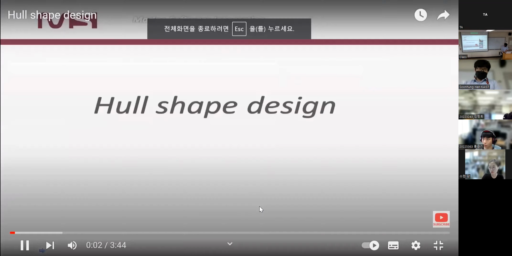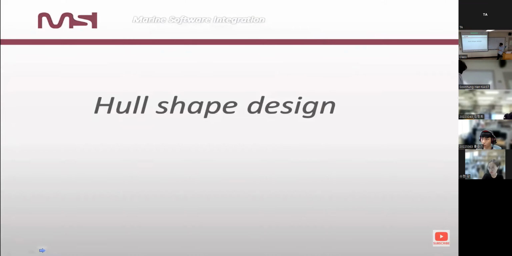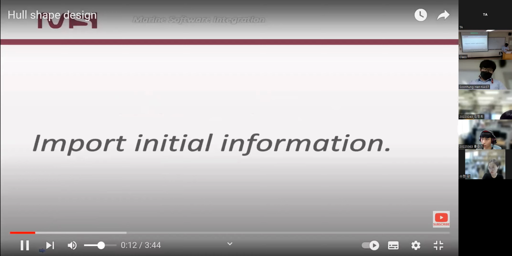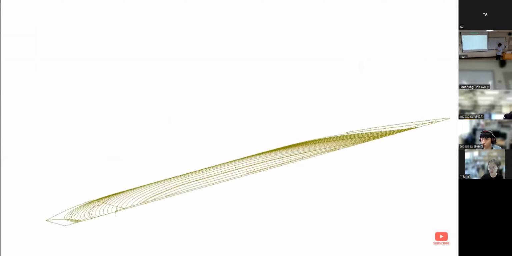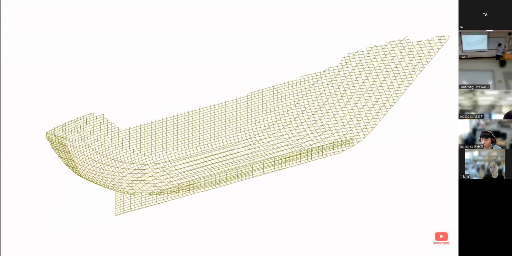To demonstrate what service we can offer for design hull shape. Import initial information. In general, to define initial hull shape, we can use any available information. It can be general arrangement plans and profile, 2D preliminary lines drawing, (3D lines drawing), different type of CAD files with hull surface.